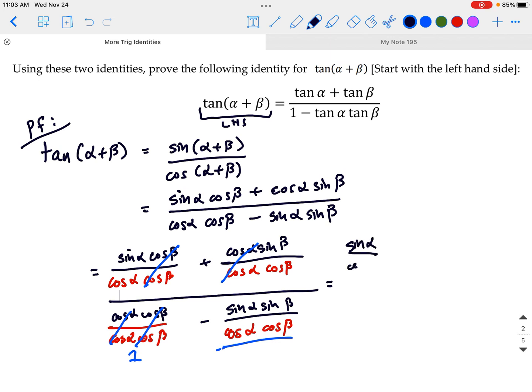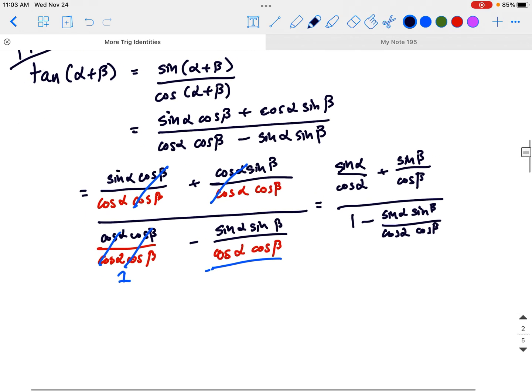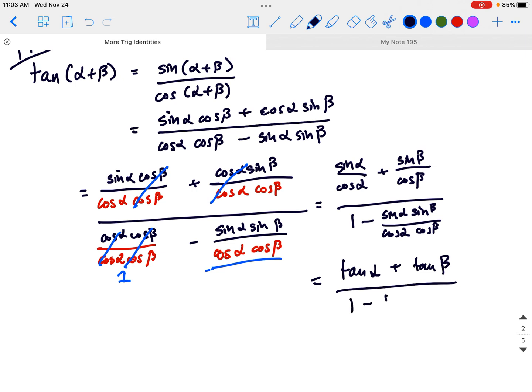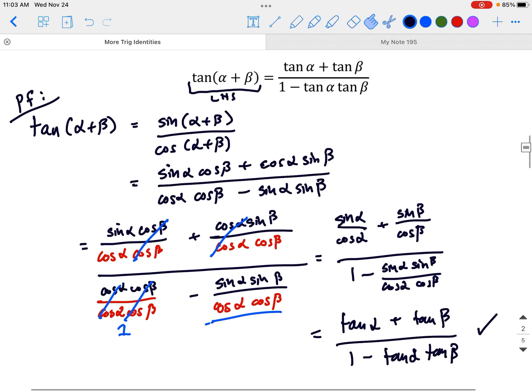So we're going to end up with sine alpha over cosine alpha plus sine beta over cosine beta, over 1 minus sine alpha sine beta over cosine alpha cosine beta, which are obviously going to give us lots of tangent expressions. So we'll get tangent alpha plus tangent beta over 1 minus the product of tangent alpha tangent beta. So that's our quick proof for the identity here.